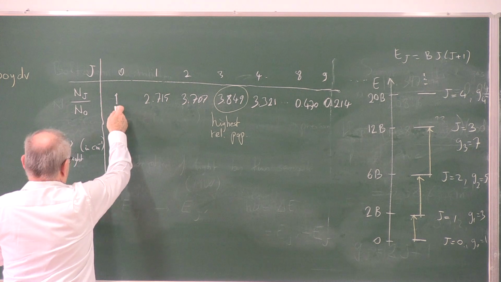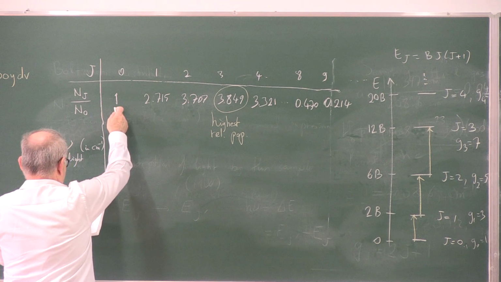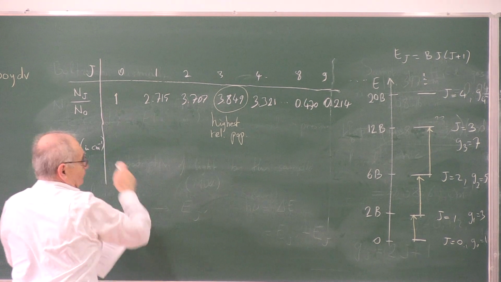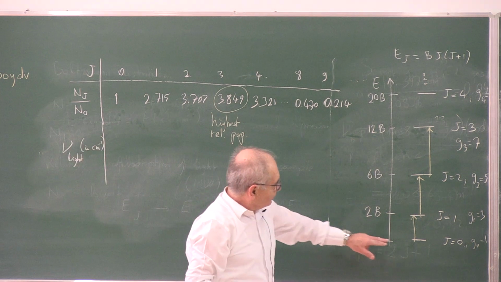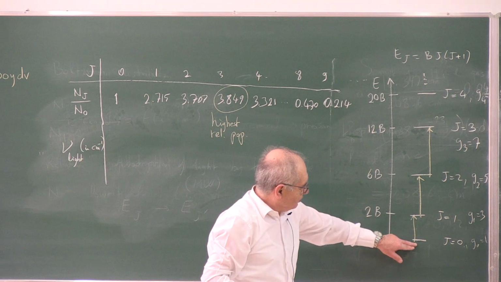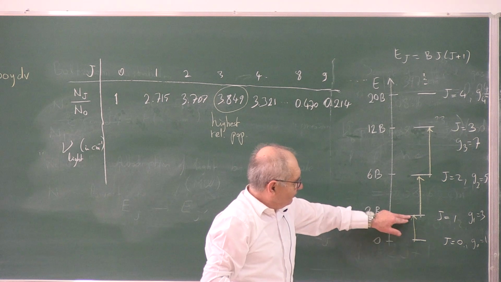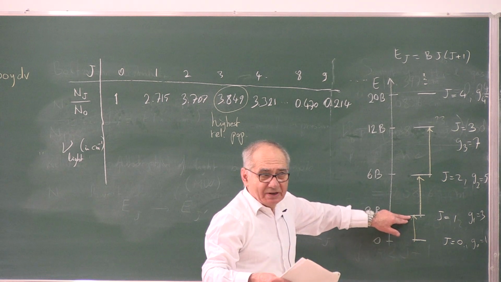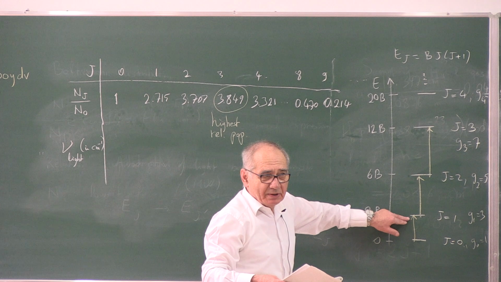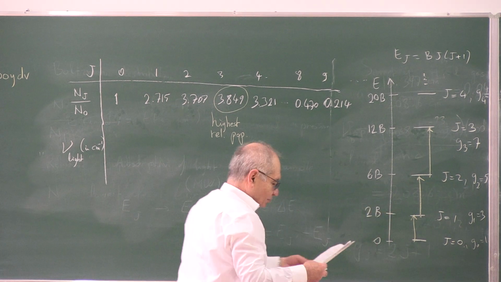For those molecules that are initially at J equals 0 level, after absorption, they will go into J equals 1 level because of the selection rule.